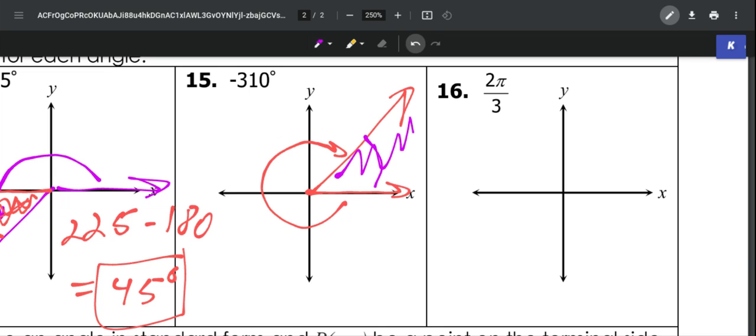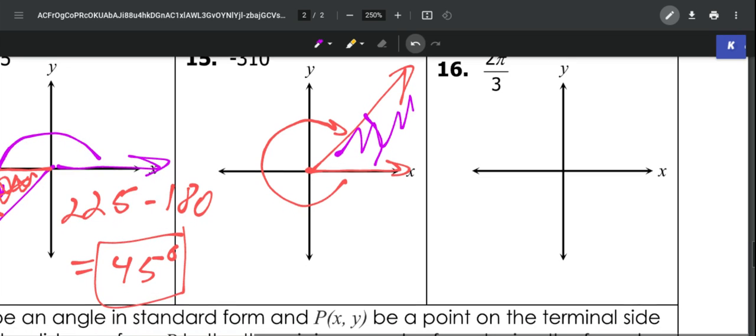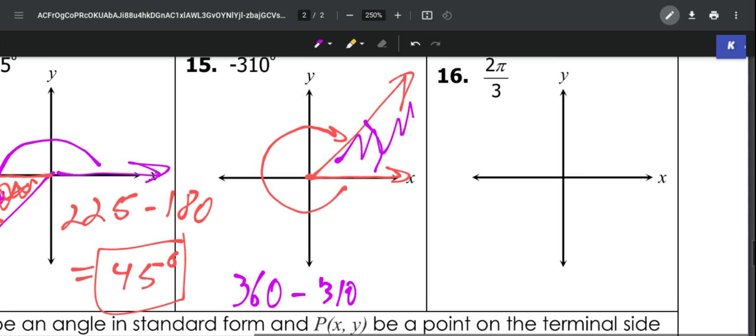So all we have to do here, if this were to completely go around, it would be 360 degrees. So if we want to figure out what that is, you could do it one of two ways. You could either say 360 minus that 310, or you could say negative 310 plus 360. It doesn't matter.